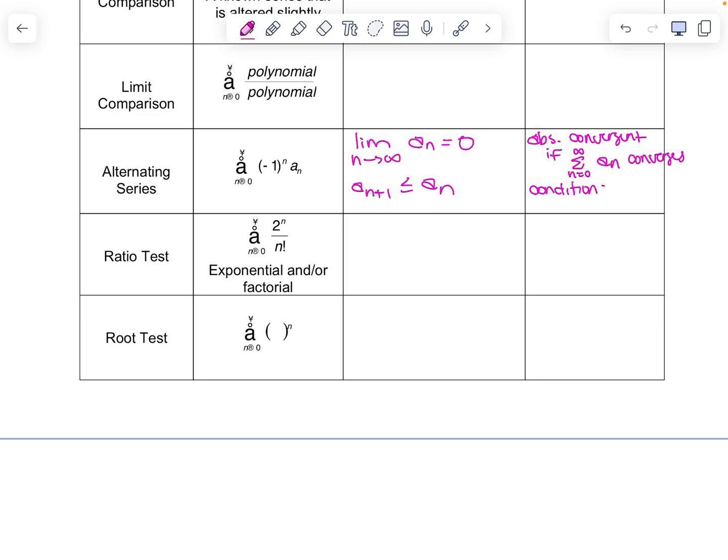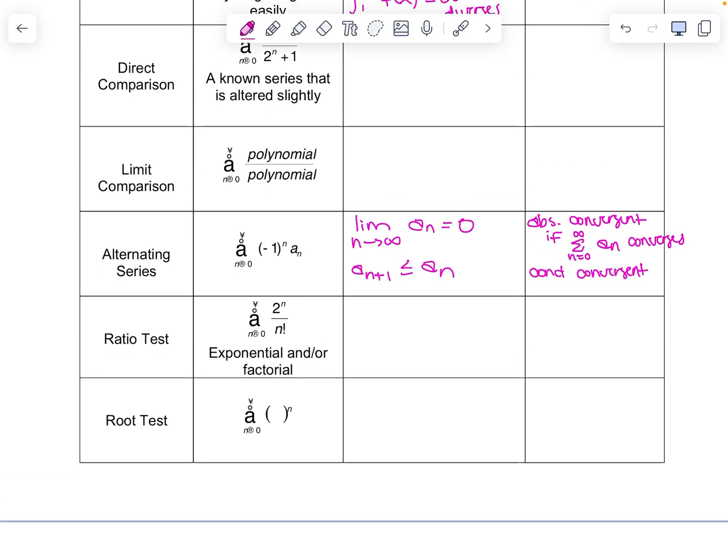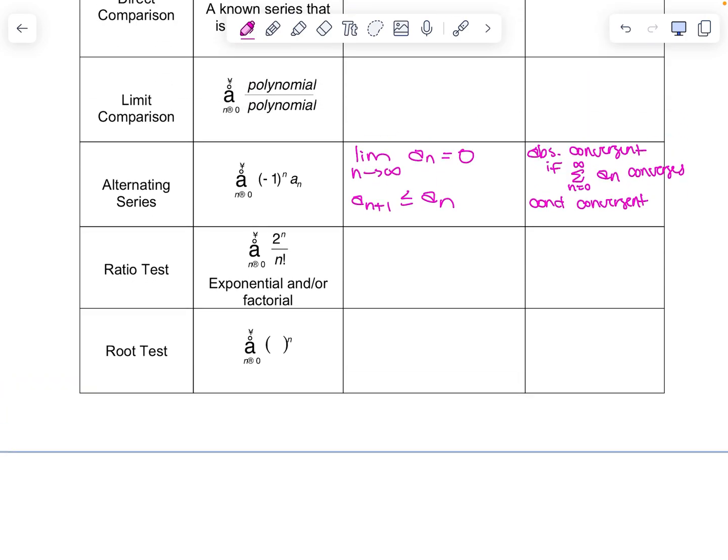Yep, I said it's absolutely convergent if the sum from n equals 0 up to infinity of a sub n converges. Right? The original without the alternating.